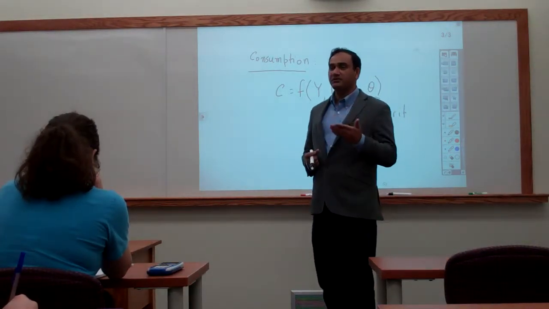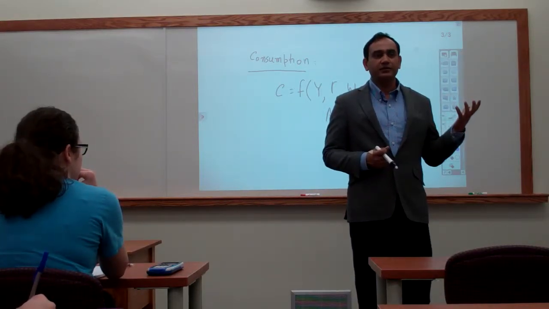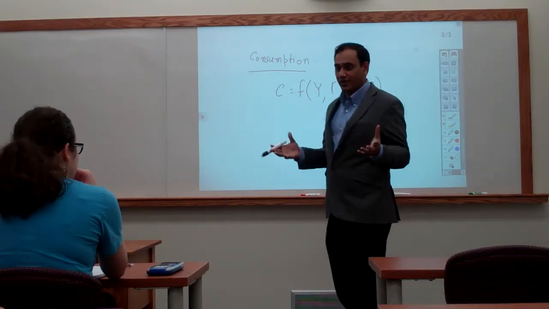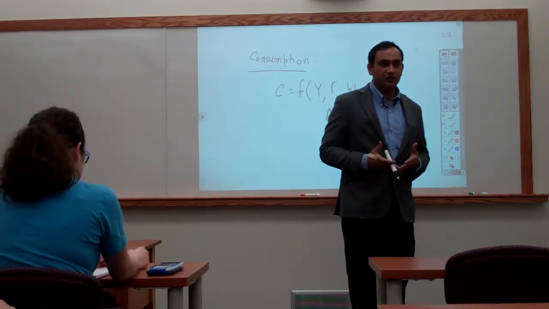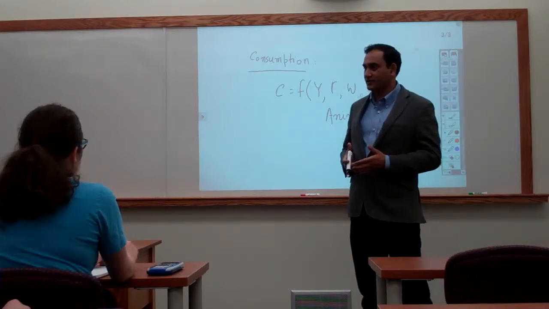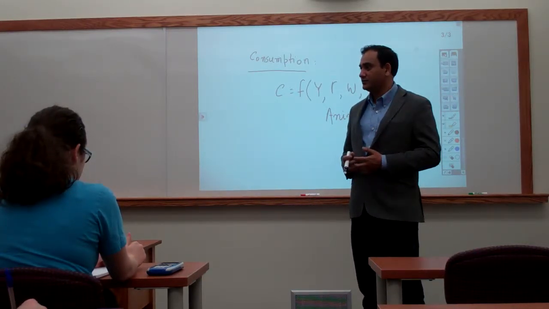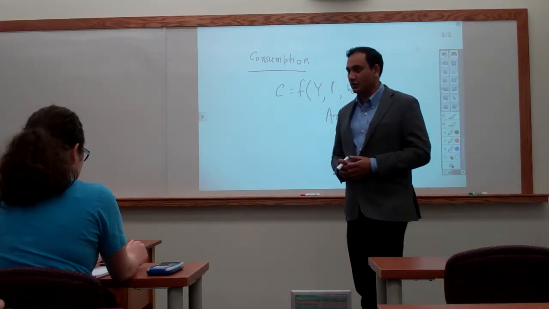If you are not optimistic about the future state of the economy, you might be thinking that if the economy is not going to do well tomorrow, I might not have a job, isn't it? I might lose my job, and if I lose my job, I won't have enough income to pay for all the consumption, isn't it? So that will also affect your consumption level, right? You would cut back, try to save for the rainy days and so on.